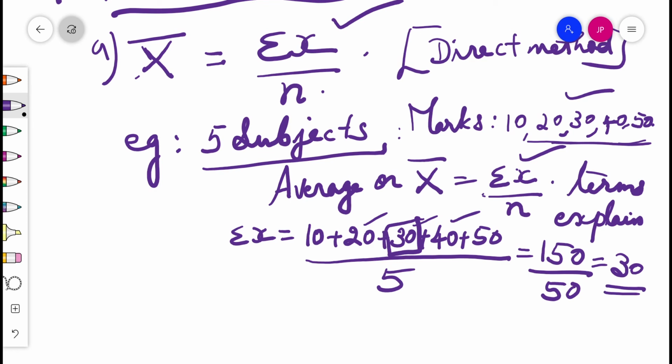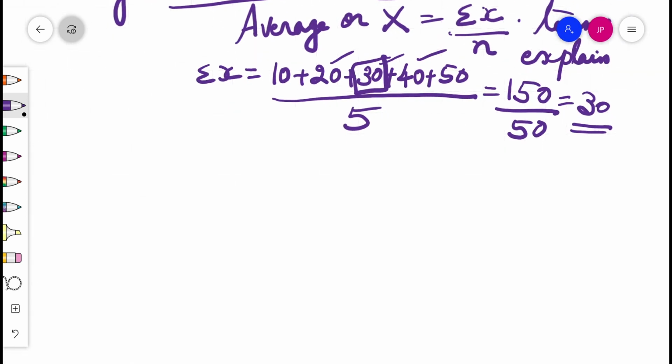So please learn this answer and this sum from everyday life. Then it's easy to get the remaining answers and the steps. So the direct method is ready.